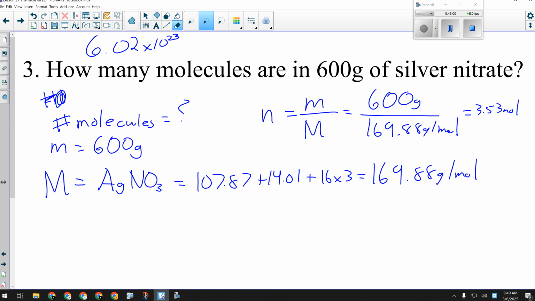How many moles of silver nitrate do I have? 3.53. That's what I just calculated. And I know that in each one of these 3.53 moles, there are this many molecules. So to get the number of molecules, what should I do with those two numbers?